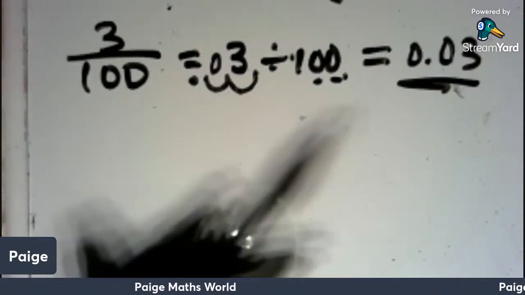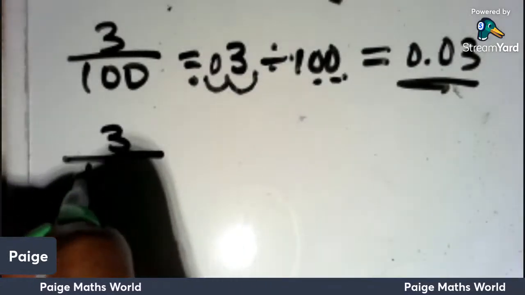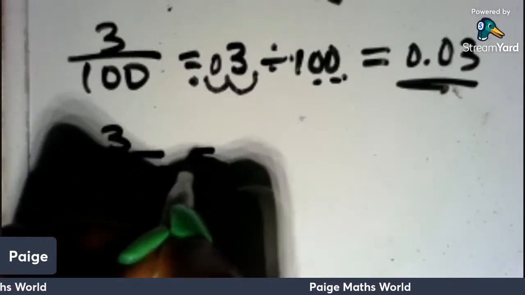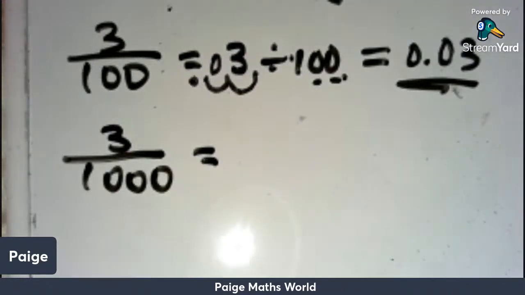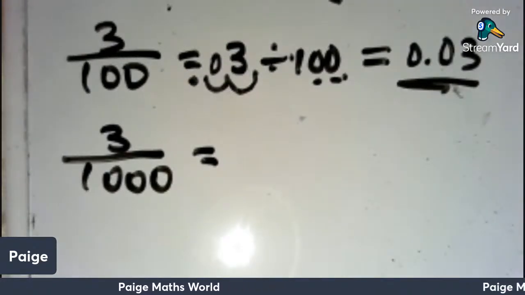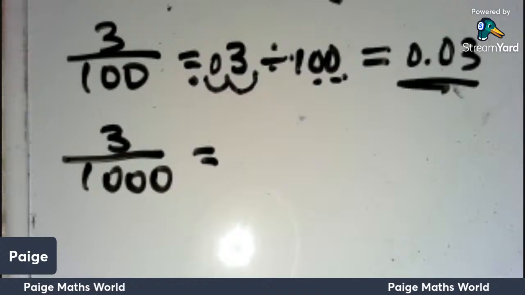All right. 3 upon 1,000. What's your answer, Raymond? What is 3 over 1,000 as a decimal?